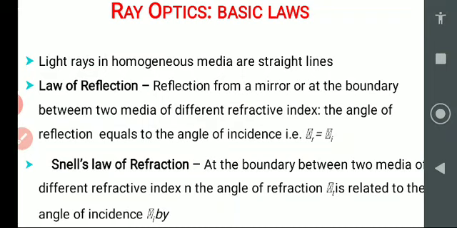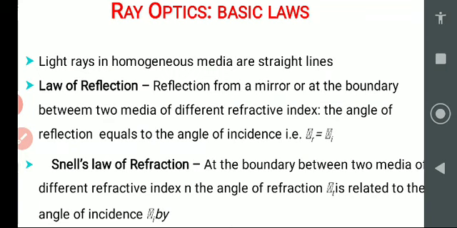The law of reflection, for reflection from a mirror or at the boundary between two media of different refractive index, states that the angle of reflection equals the angle of incidence. It means whatever the angle of incidence is, the same is the angle of reflection. This is the law of reflection of optical waves.